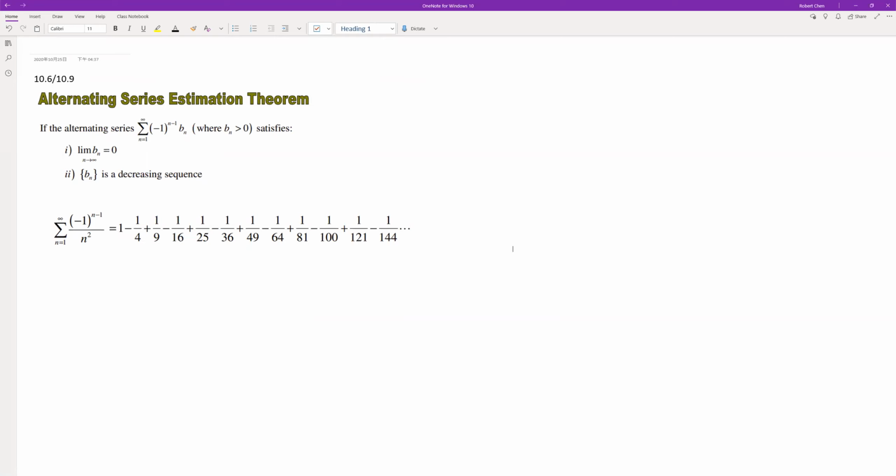In the alternating series test, it says that if you have an alternating series like this, and the limit of Bn goes to 0, and if Bn is a decreasing sequence, then we can say that it's a converging alternating series, right? Here we're looking at something else.